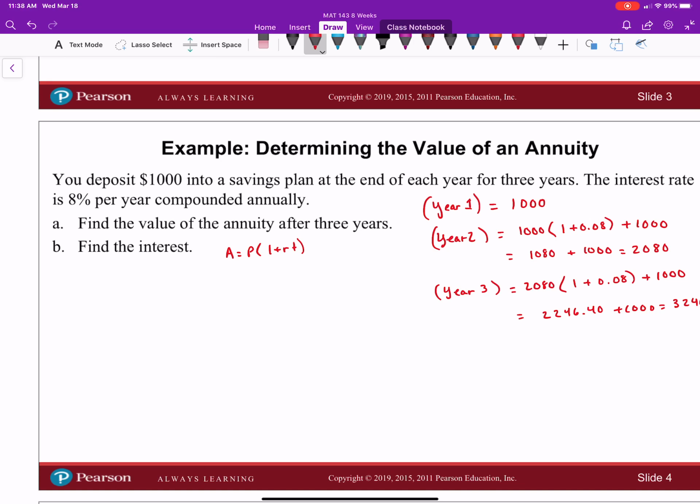Now, to find the interest, which is part B, we know each year we put in $1,000 ourselves. So that's $3,000 for 3 years.